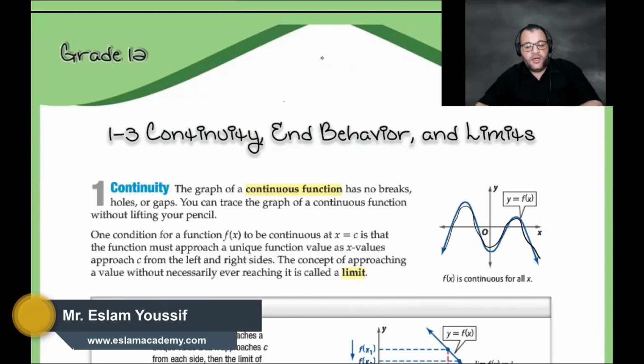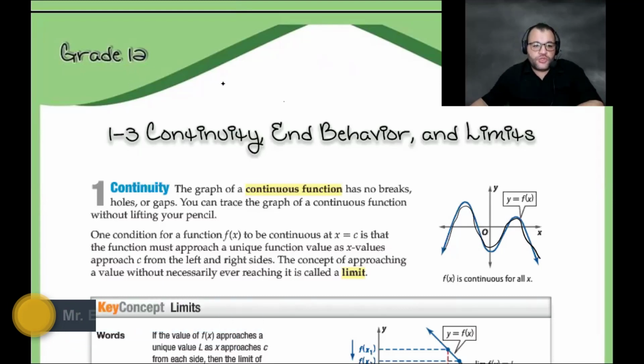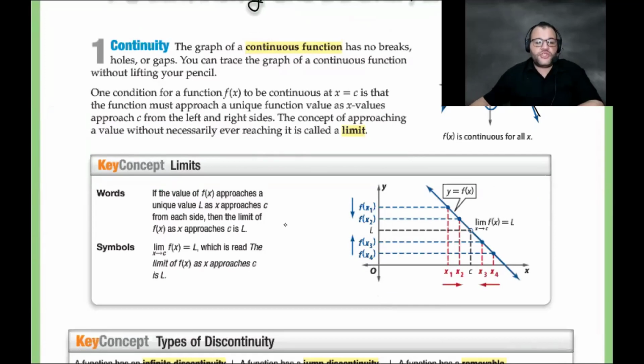From the algebraic way, number one, you have to check that there is a value for the function at this point. What is the meaning? To check if the function has a value or not, we need to check for the point c. If you replace x with c, then you will find a value of the function or not. So suppose that we have the function f of x equals 3x plus 2.